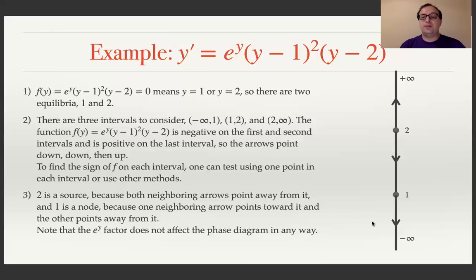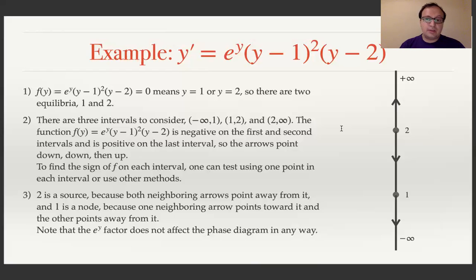On the first interval, we put a downward pointing arrow, because f was negative on the interval from minus infinity to 1. On the second interval, we again put a downward pointing arrow, because f was also negative from 1 to 2. And finally, we put an upward pointing arrow on the last interval from 2 to infinity, because f was positive there. So this concludes the second step.